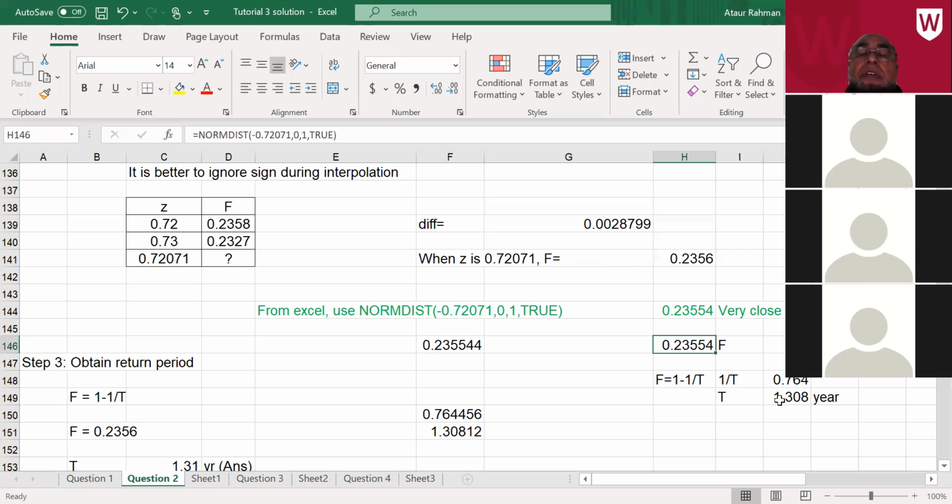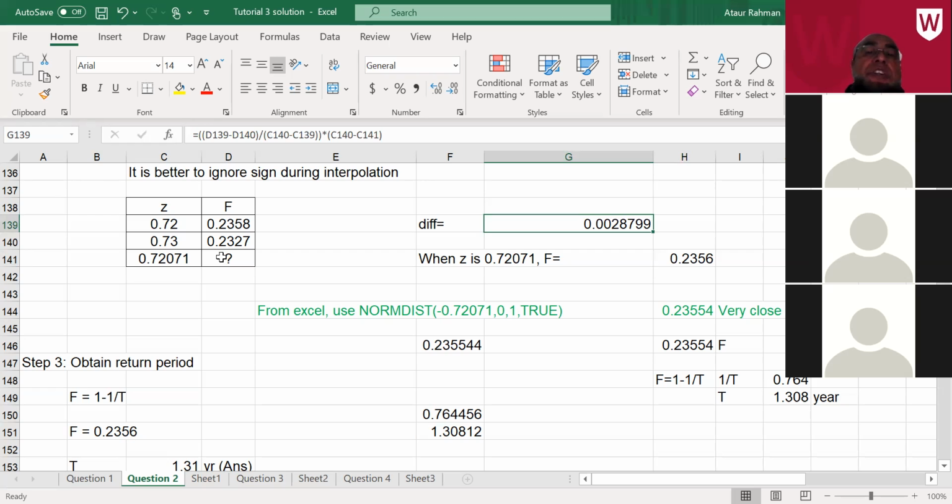Can you explain the formula you use? This is an interpolation problem because for this Z, F is this, and for this Z, F is this. So if the Z is in between, what is the F value?